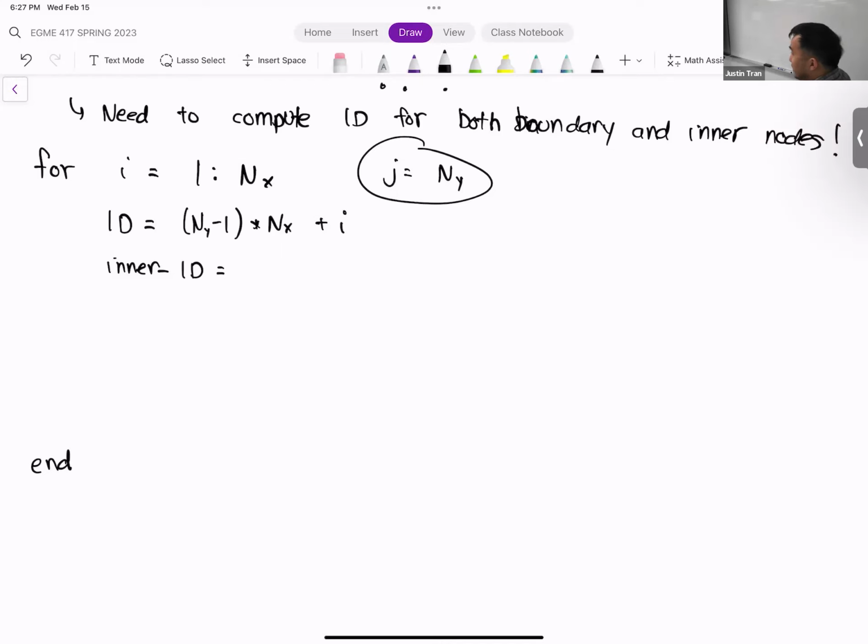Now let's compute the ID number for the inner neighbor. Remember, the inner neighbor is going to be the one that's immediately below the top boundary. So that means for the top boundary, the inner neighbors are going to have a j value that's 1 less than the boundaries.